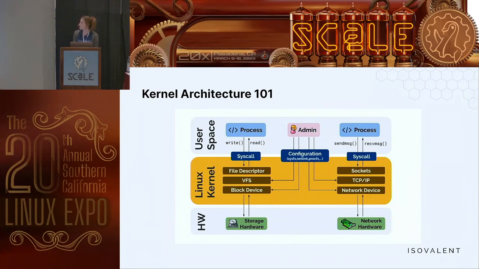You can also use send message and receive message. These system calls are related to network connections, so this would be done when opening a TCP socket. And then we have the middleware, the business logic in the middle: the virtual file system, the process scheduler, TCP/IP, firewall technology, and so on.